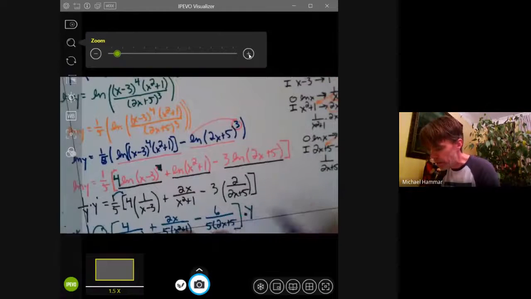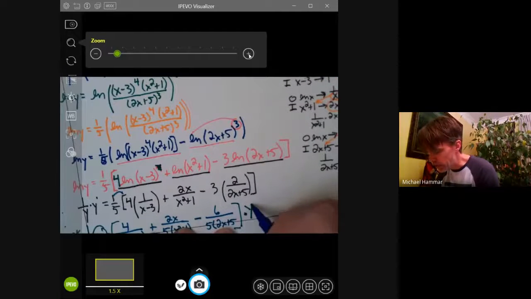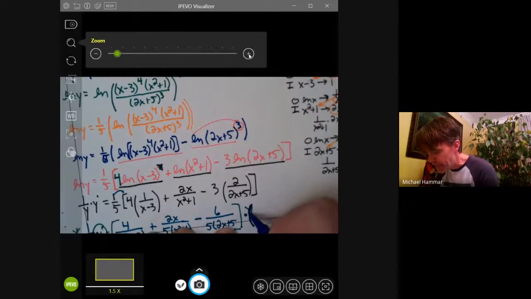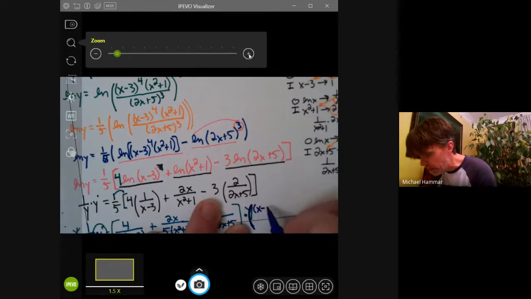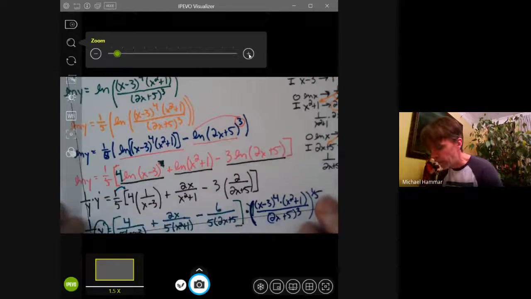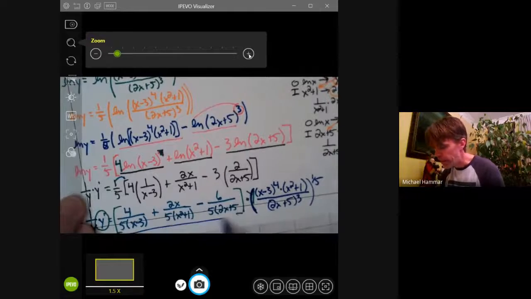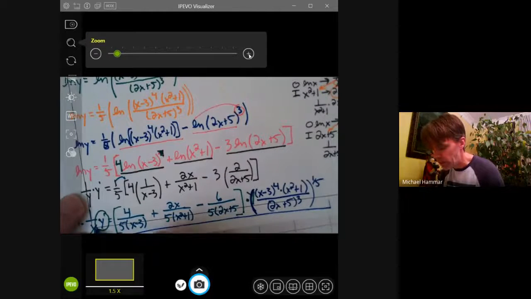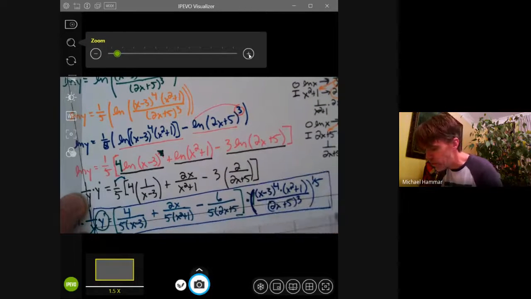So instead of having this y here, I'm just going to put the parentheses and I'm going to put x minus 3 to the 4th times x squared plus 1 over 2x plus 5 to the 3rd, all to the 1/5. This is your final derivative answer.